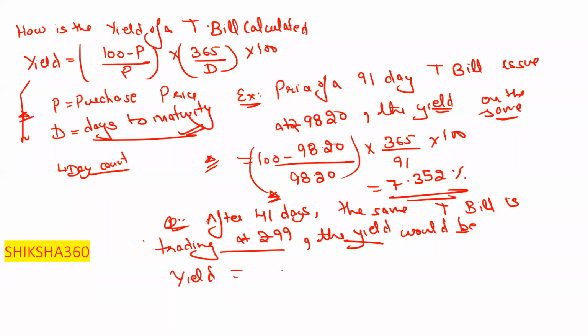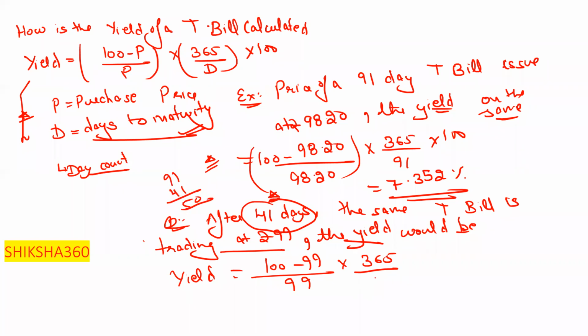Please remember the price part is the same, into 365, but the days differ after 41 days. So how many days are left? It is a 91-day treasury bill and 41 days have gone, so 50 days are left. So divide by 50, into 100.